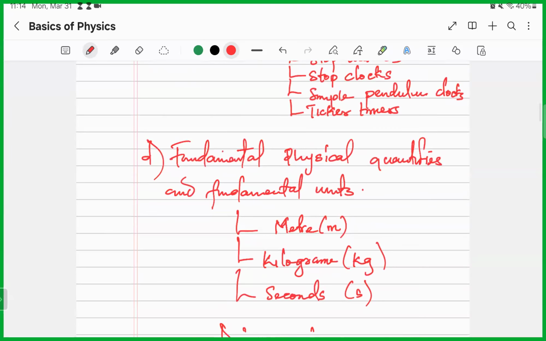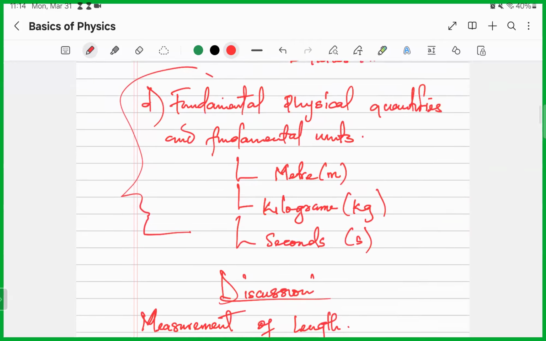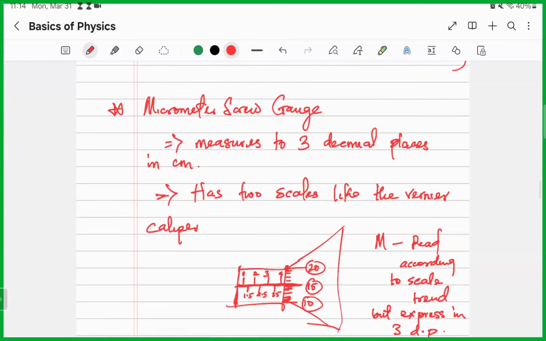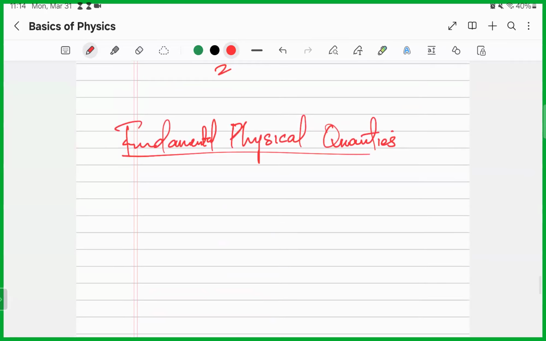So this is our last discussion for this section of basics of physics. Next and subsequent videos will continue to establish discussions and continue to grow in the School of Physics. So let's discuss these fundamental physical quantities and fundamental units.